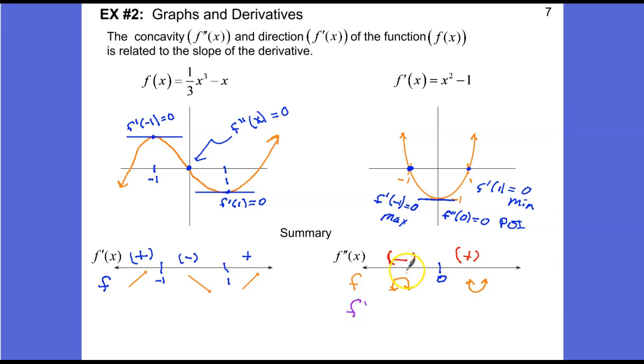So when we're less than 0, f prime is actually going to be decreasing, and to the right of 0, f prime is increasing. And here we have a picture of the relationship between all three of these: f, f prime, and f double prime.